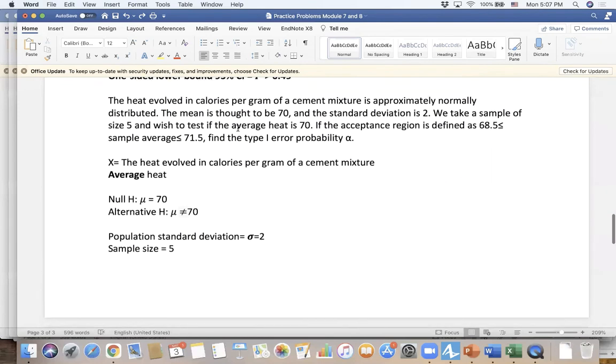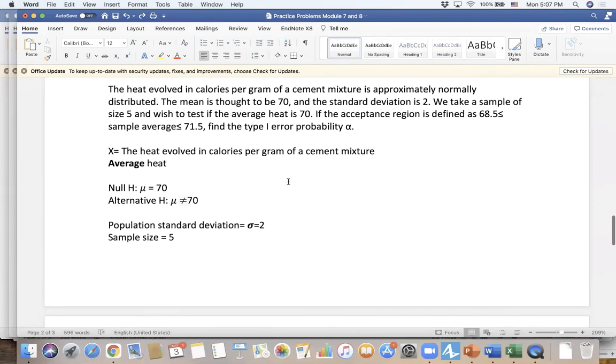Now with everything that we have here, we are looking at the average. Tell me which formulation I have to pick. First of all, it's the average of a random variable. The second question: do I have population standard deviation or sample standard deviation? I have population standard deviation.